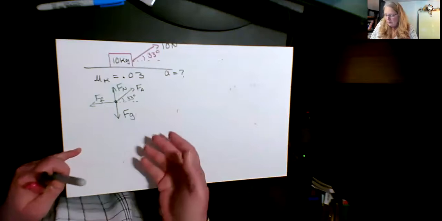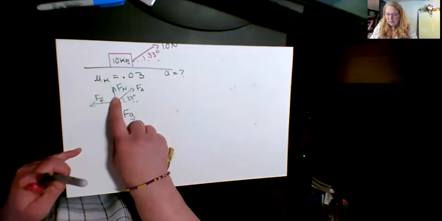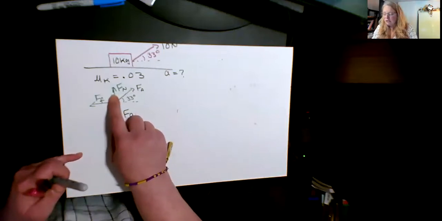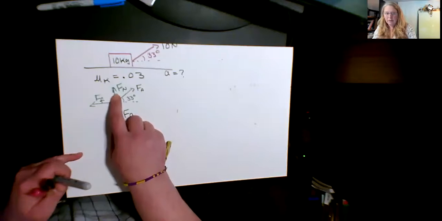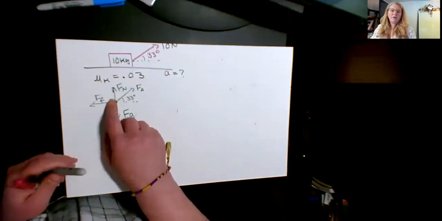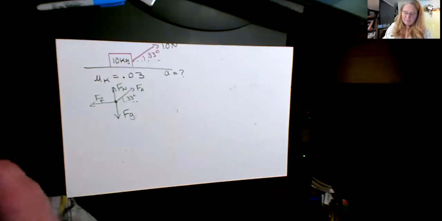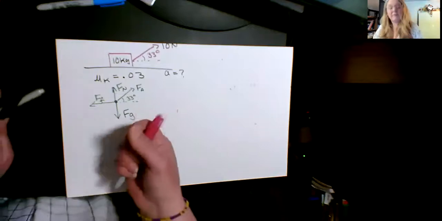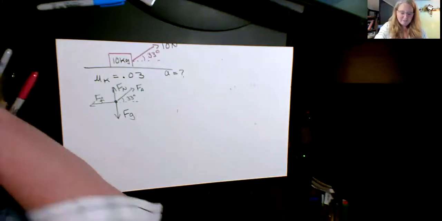Well, remember, you're lifting it up a little bit, so you're actually decreasing the normal. As far as our friction goes, that decrease in the normal is going to impact how much you have to work to move the darn thing. Although you also have to be strong enough to lift the darn thing up. So I guess there's that.